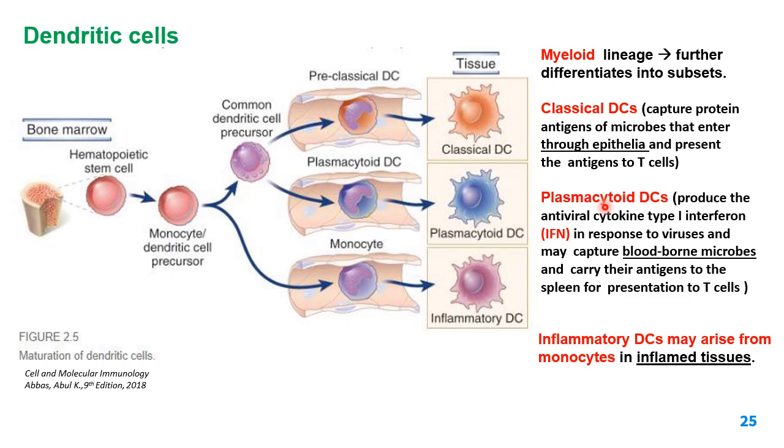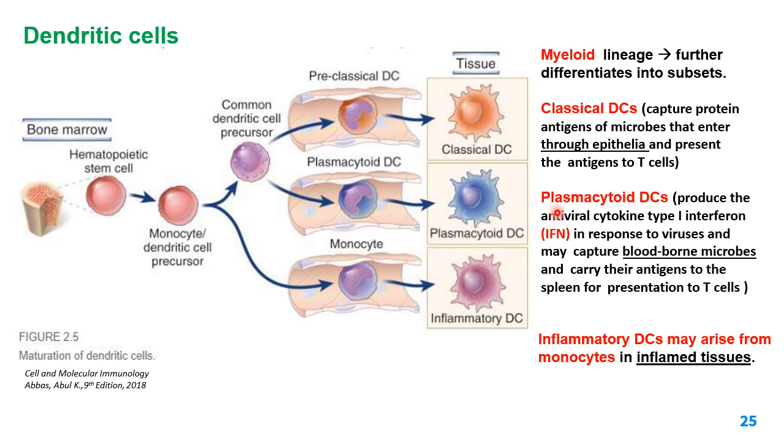From the skin, from the tissues, catch it, and then go to the lymph node and present to the T cell. Then you have this other type, the plasmacytoid dendritic cell. Those guys really go around in the blood. They have one important job, the production of interferon, and interferon is the first line of defense against viruses.